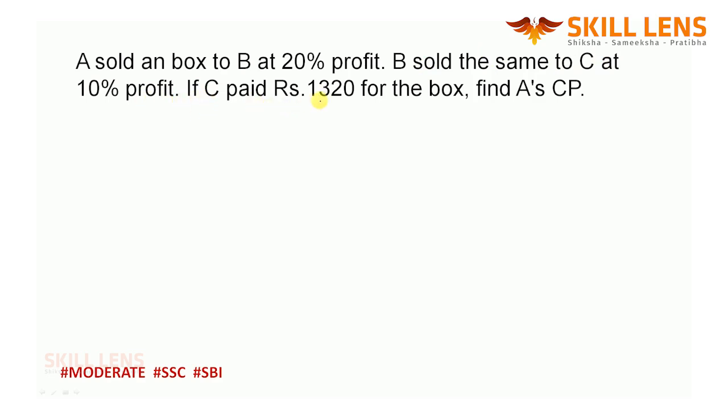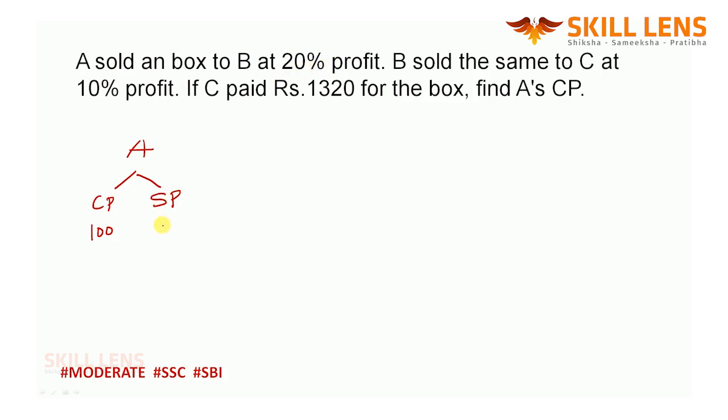If C paid 1320 for the box, find A's cost price. So please understand, A will have some cost price and A will be selling, so A should definitely have some selling price. I don't know the cost price, so let me assume A's cost price is 100.